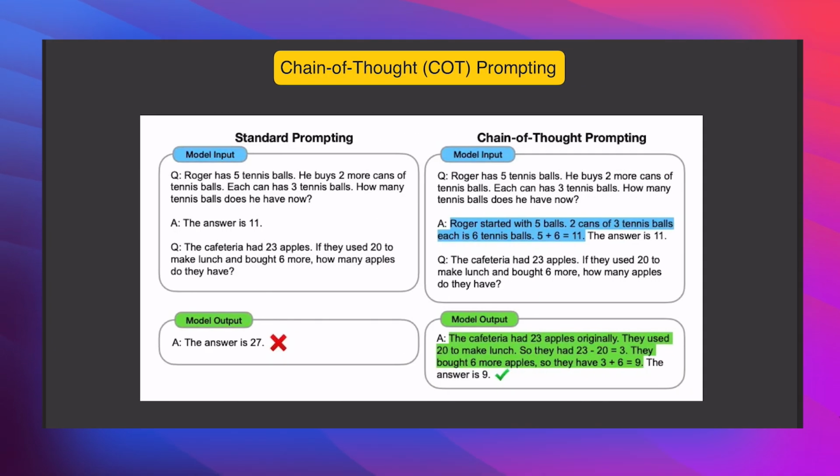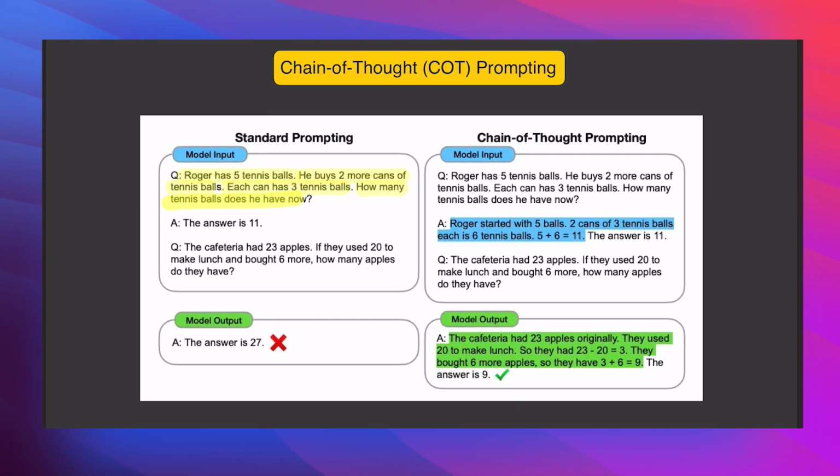There is one more prompting technique known as chain of thought. Sometimes even a few shot prompt may not help the LLM arrive at the right results. In the first example, we are asking the LLM along with a sample answer. Here we demonstrate a question like: Roger has 5 tennis balls, he buys 2 more cans of tennis balls and each can has 3 tennis balls.